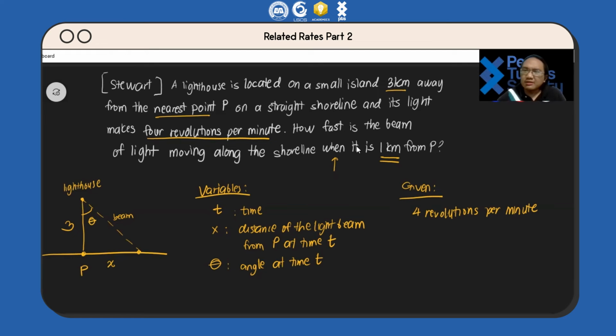But how does 4 revolutions per minute translate in terms of theta? A revolution is 360 degrees. 360 degrees in radians is 2 pi, the circumference of the unit circle. Everything is in radians.